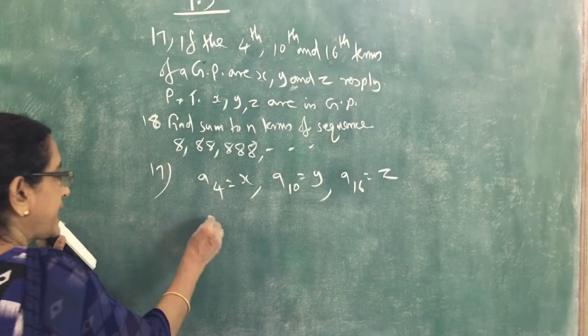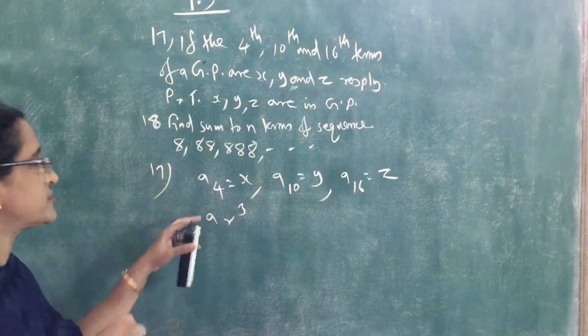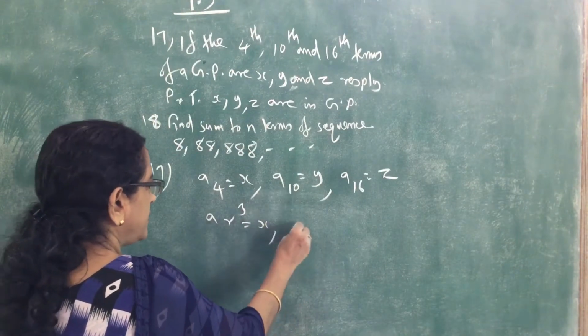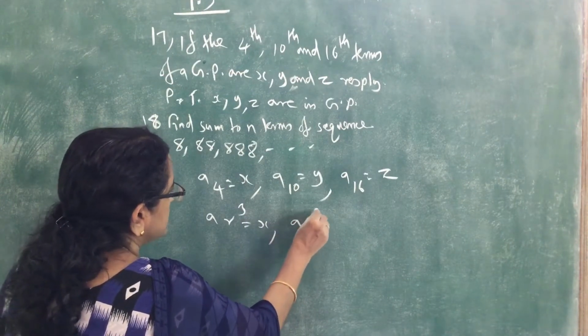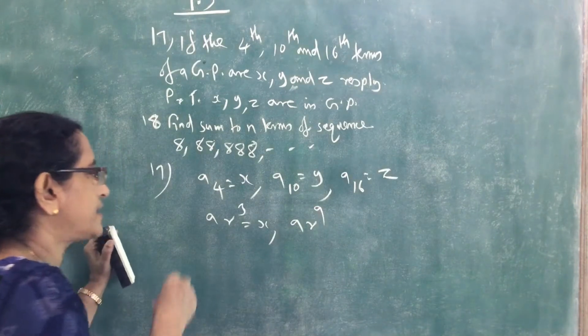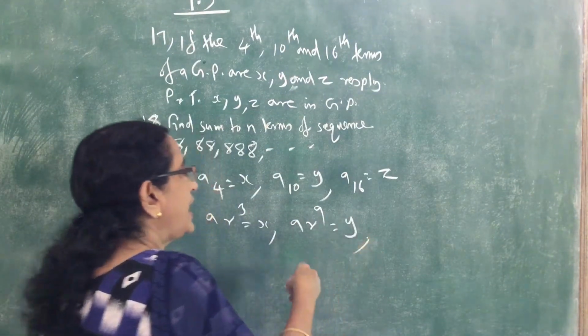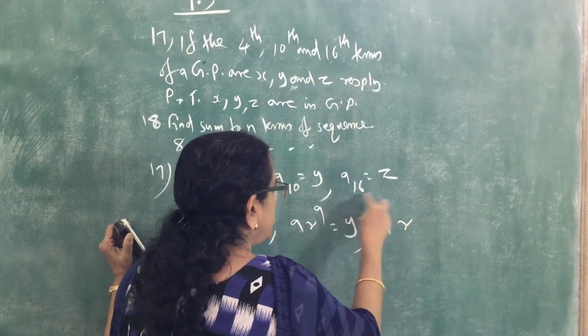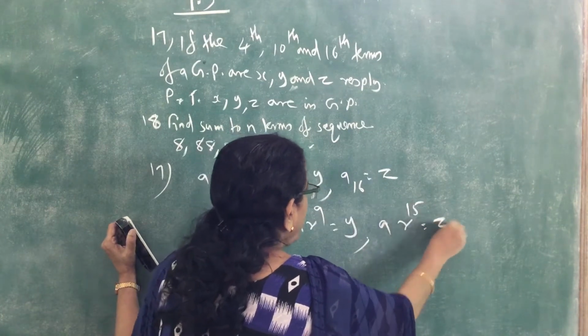So A4 is AR raised to 4 minus 1, that is AR cubed, equal to x. A10 is A into R raised to 10 minus 1, that is 9, equal to y. And A16 is A into R raised to 16 minus 1, that is 15, equal to z.